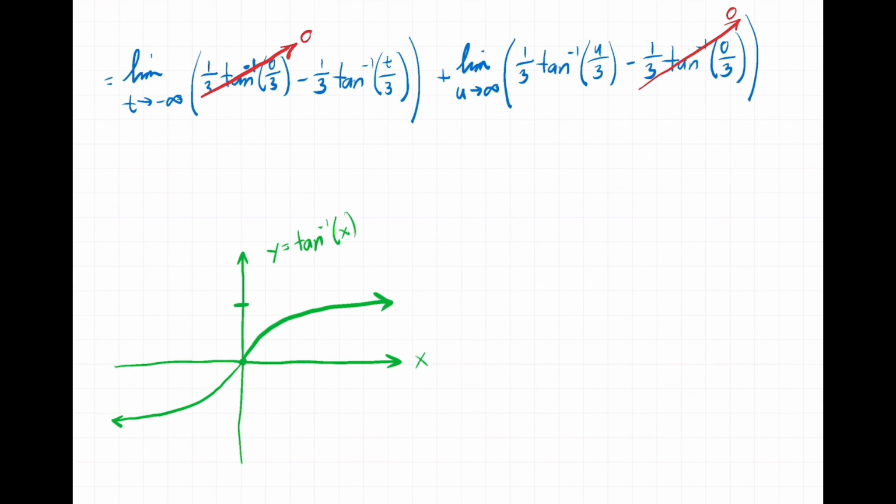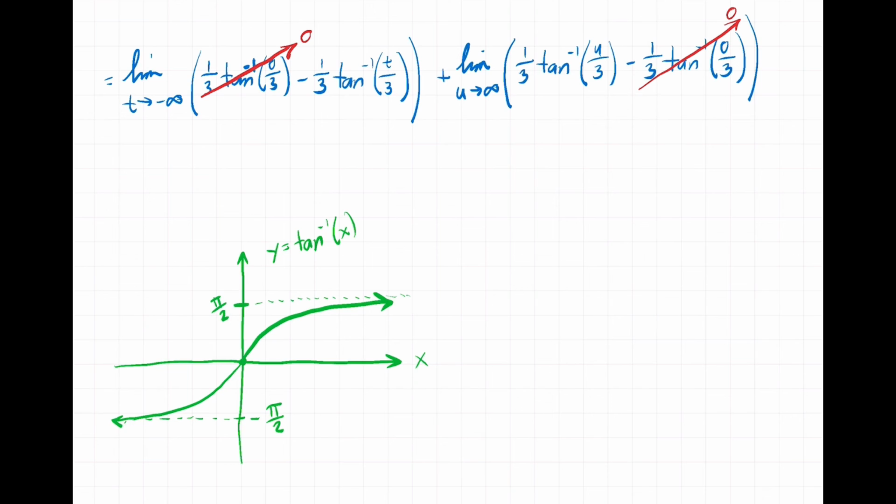And what is this upper asymptote here? This asymptote occurs at pi over 2, and this lower asymptote occurs at negative pi over 2. If you don't believe me, go back and look at the graph of tangent of x. You will see that that is a flipped version of this where the x and y axes are switched, and it has vertical asymptotes at pi over 2 and at negative pi over 2.